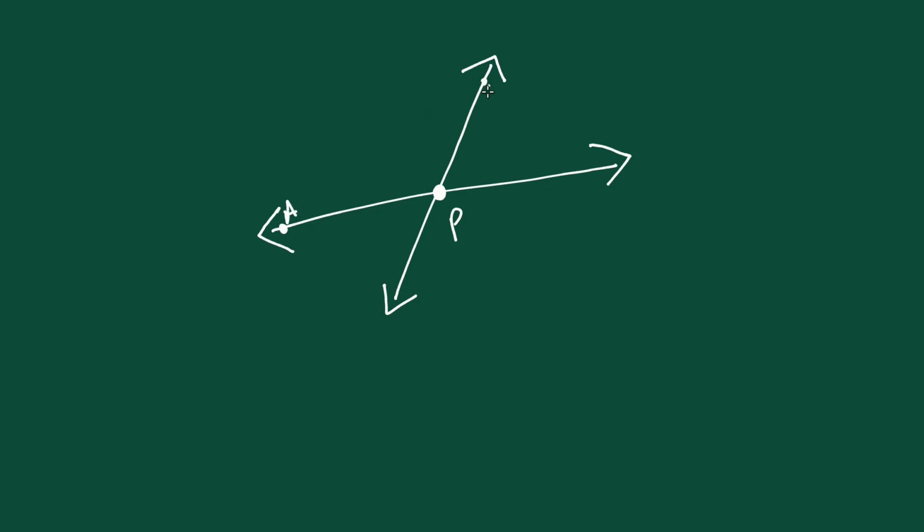And then B, C, and then D. So you can see when we have two lines that intersect, four angles are formed.